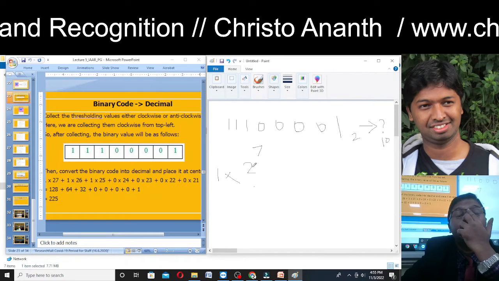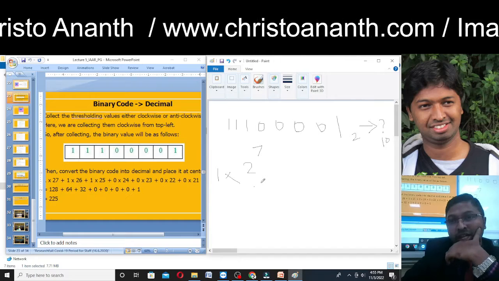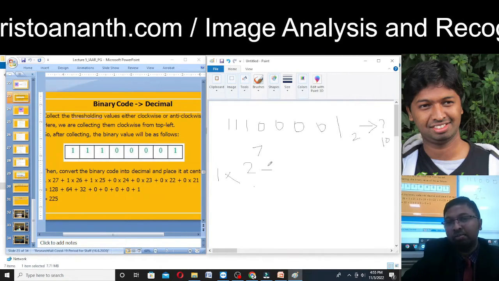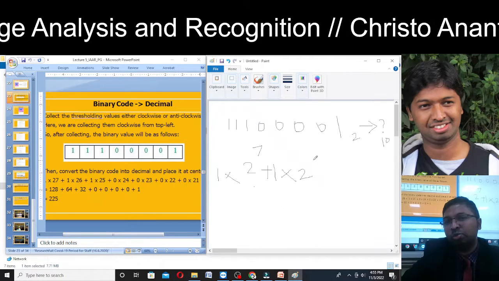128. Wait. Plus this one, 1 multiplied by 2 power 6.